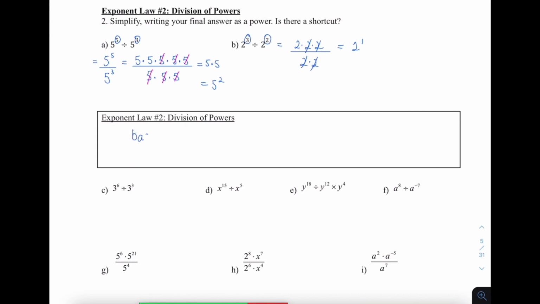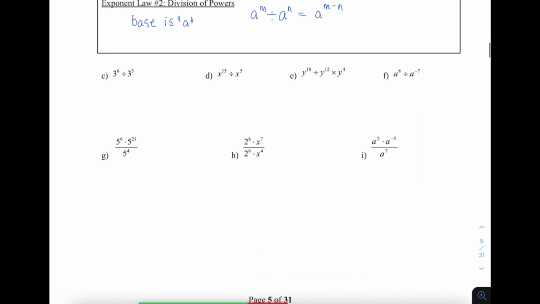So to write my exponent law 2, if the base is a and I have a to the m divided by a to the n, my final answer is going to be a to the power of m minus n. All right, so using this shortcut, let's do the following questions.